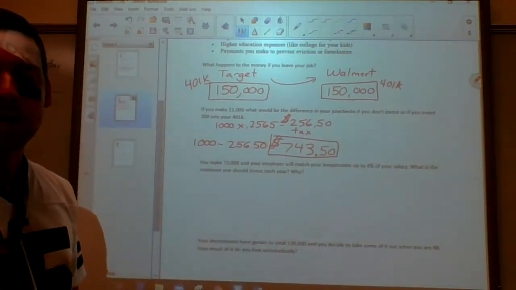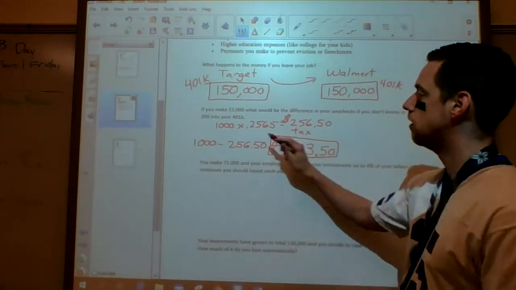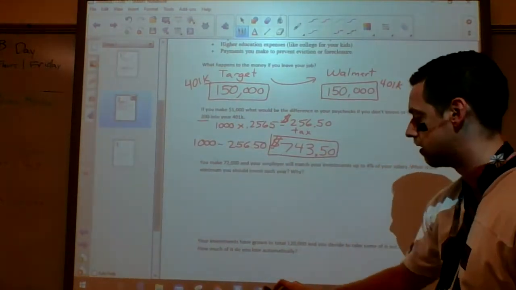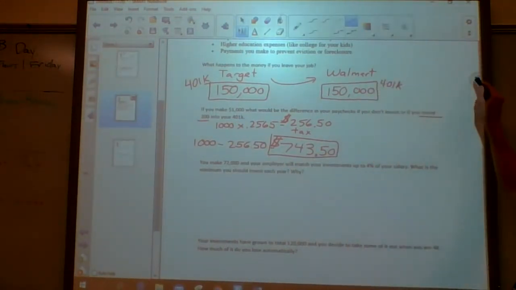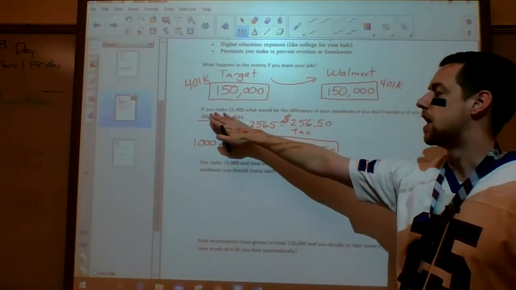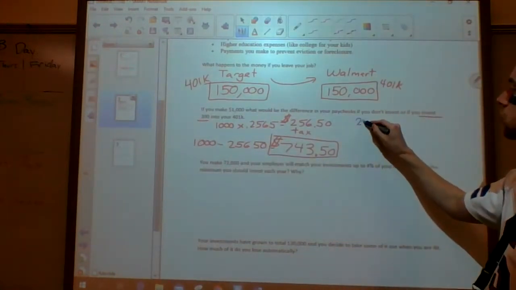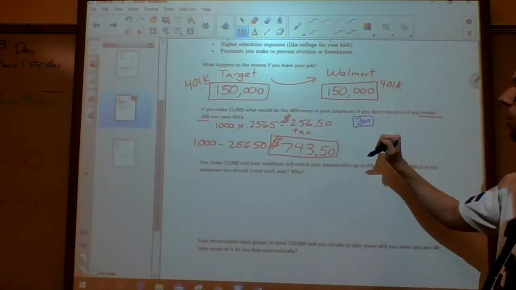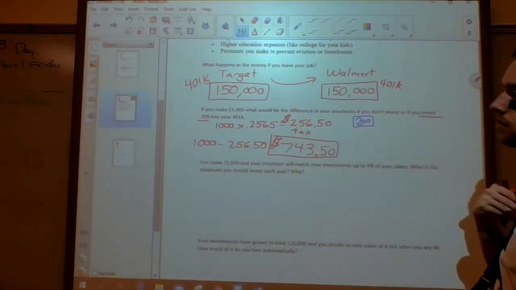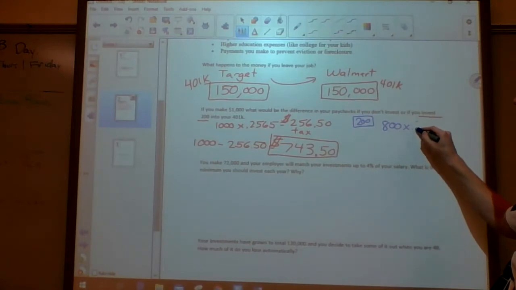But now we're going to see what would happen if I invested 200 of it in a 401k. Let me change colors. I'm still going to start with my 1,000, but I take 200 of it and put it somewhere safe. So 200 I cannot touch. It's away from the government's hands. It's away from my hands. There's 800 left that gets taxed by the government.